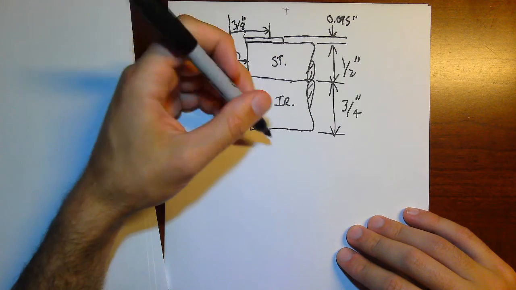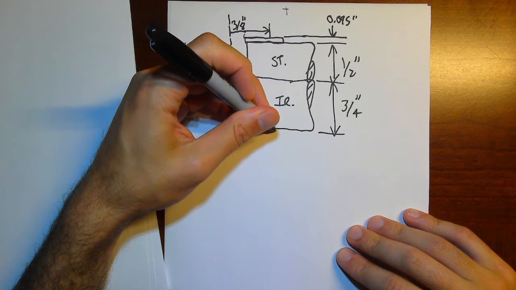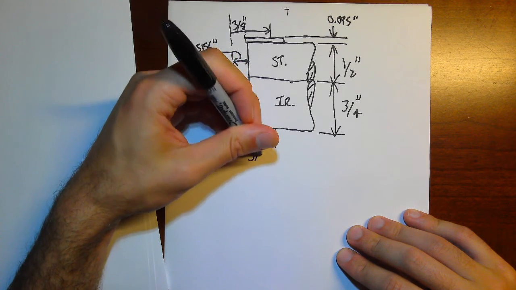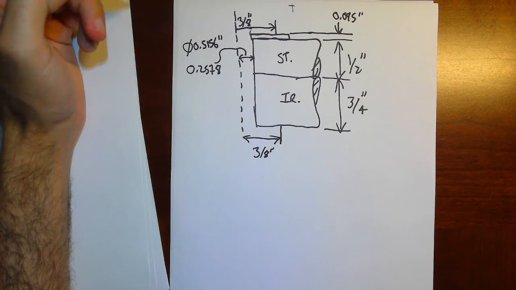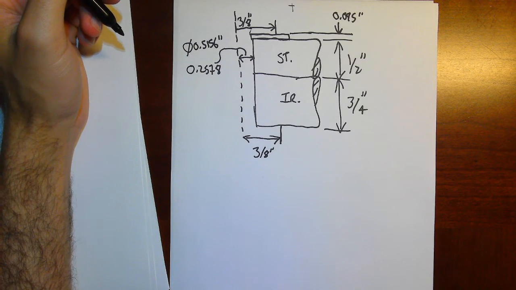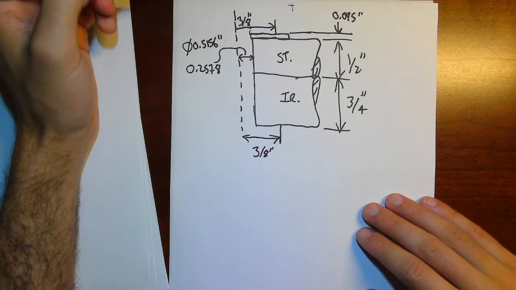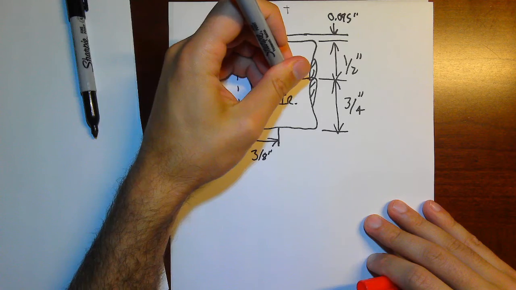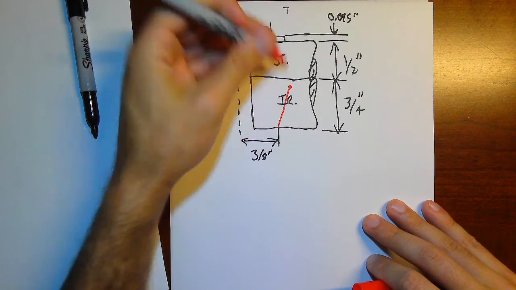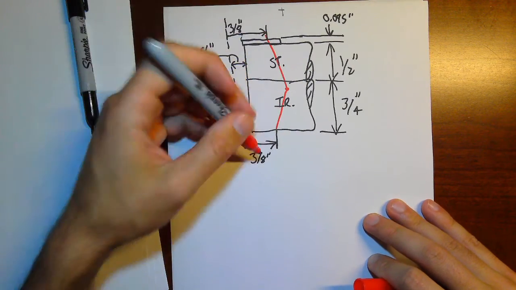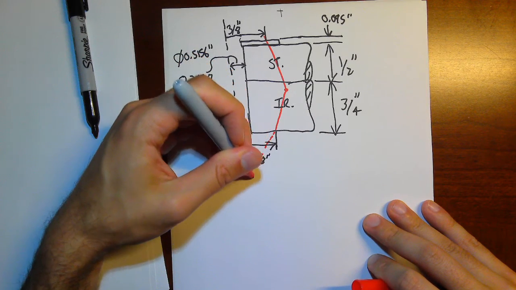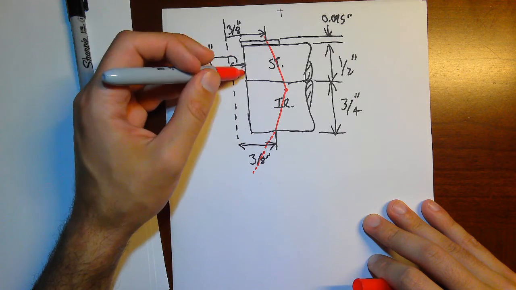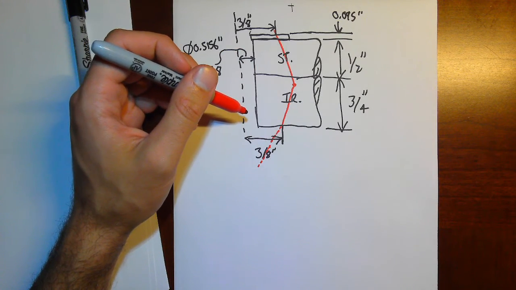Got those two. We know that the nut sits about right there, and it is also 3/8 inches from the center of the hole. All right. So what I want to do is, as said, I want to find where this point of intersection is between the two stress distributions. And in order to do that, I have to take this line back to some common point. And conveniently, this hole is the same diameter the whole way through the material.